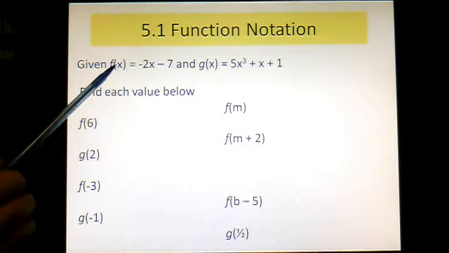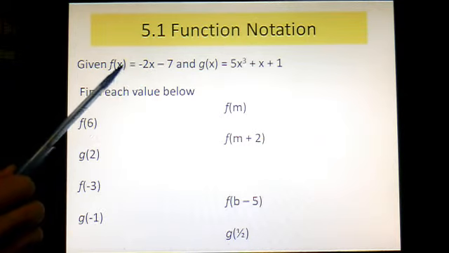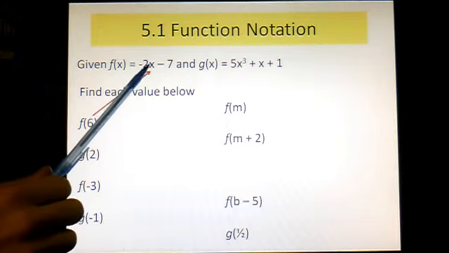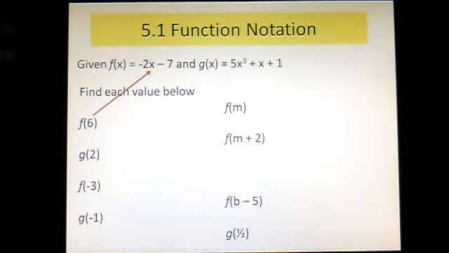So up here you see f of x, where x is actually the input, or where you input it. This is telling you what to input. This is saying take the 6 and input it into that equation wherever you see an x. It's the same thing we did the first week of school with substituting things into equations. So just take that 6 and multiply it by -2 and then subtract 7.